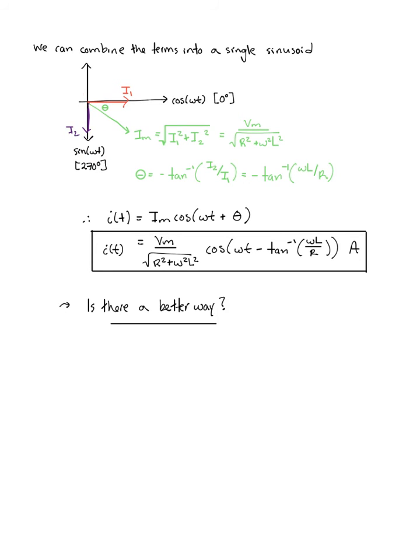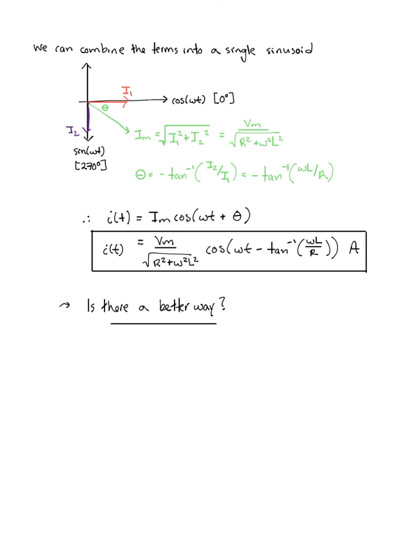Okay, so the summation of these two is going to be this vector in green, which is going to be magnitude Im, which, given our geometric relationships, would be the square root of I1 squared plus I2 squared, which equals Vm over the square root of R squared plus omega squared L squared. And the angle is going to be the arctan of the B, which is I2, over A, which is I1. And since we're in quadrant 4, that will be negative.